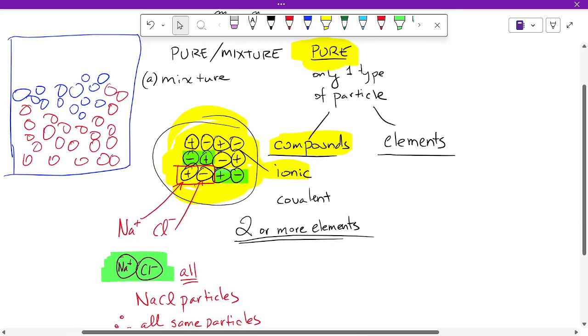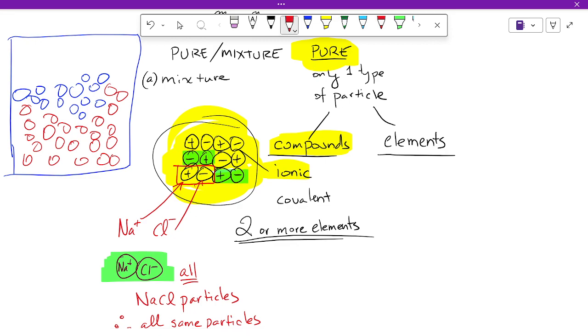What do we know about elements? How would you recognize an element? Just one type of atom. So we have maybe, is that an element?